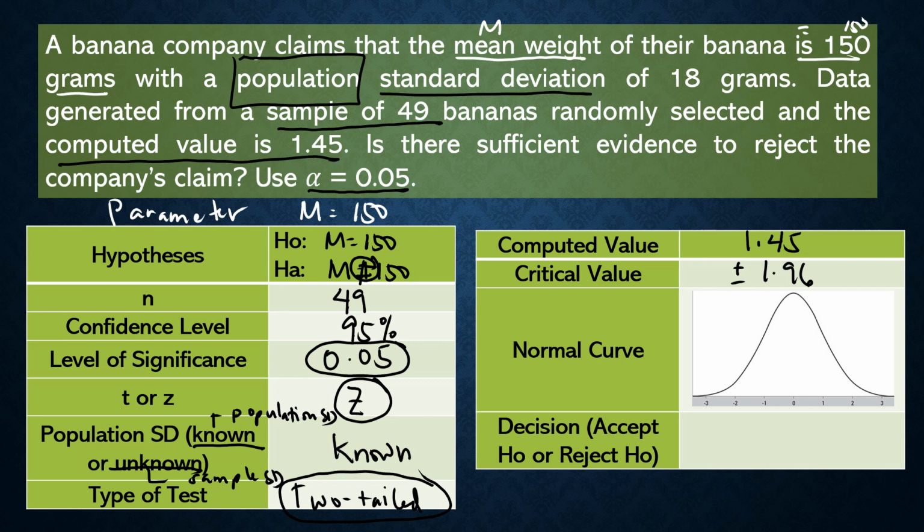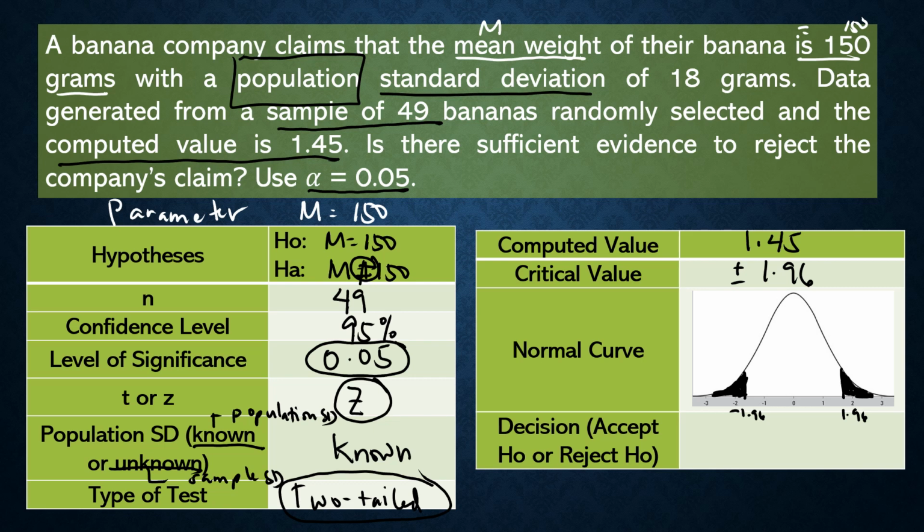Now, if we're going to plot this one, 1.96 will fall here, and negative 1.96 will fall here. Then, after that, we already have the shaded part, or we already illustrated the rejection region. Now, we're going to test if we're going to accept or reject the null hypothesis.